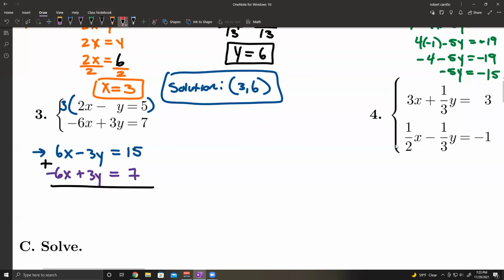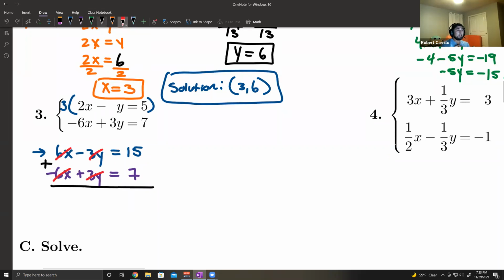That cancels, that cancels. And since everything cancels on the left side, that leaves me with 0. And on the right side, 15 plus 7 gives me 22. Now, is 0 equal to 22 a true statement?